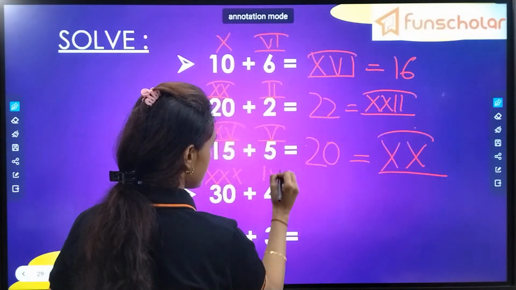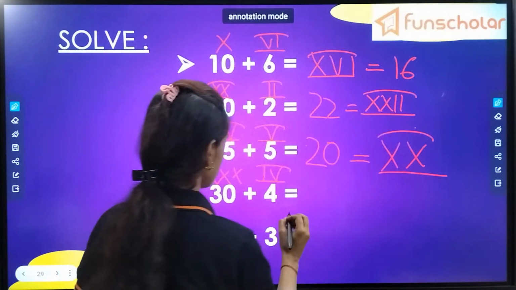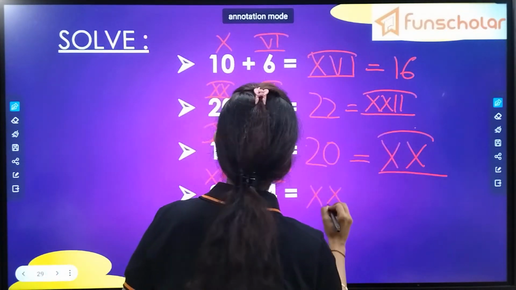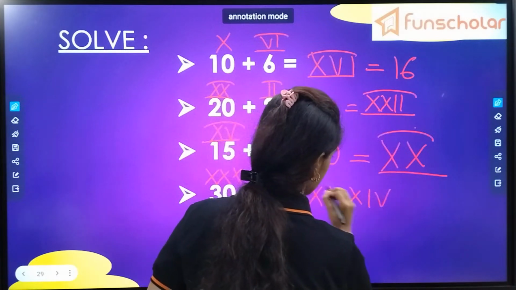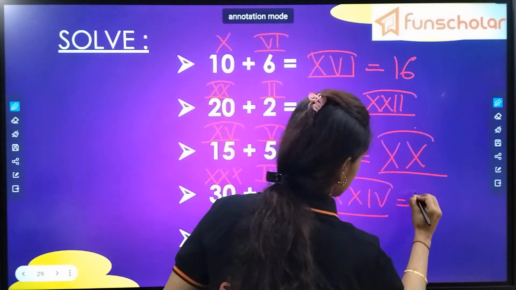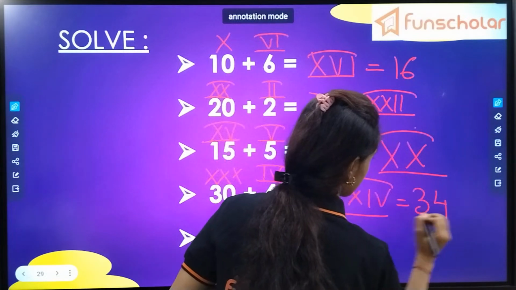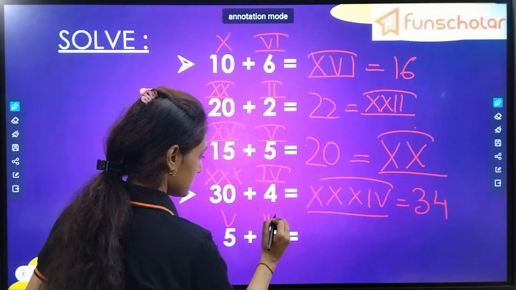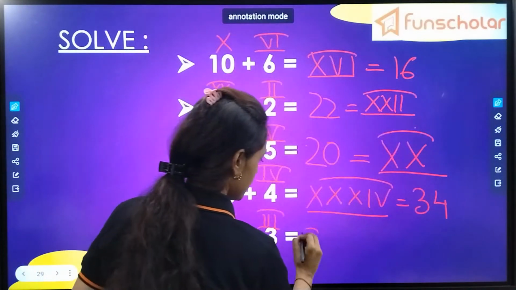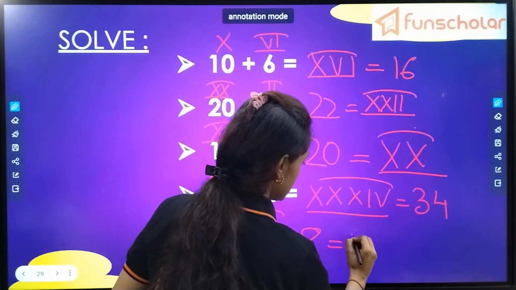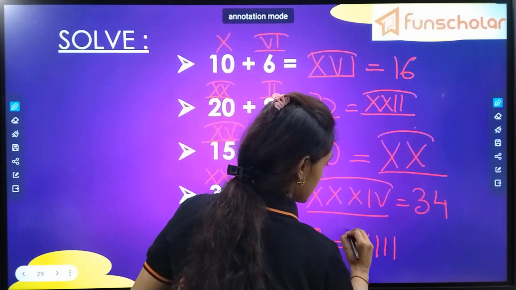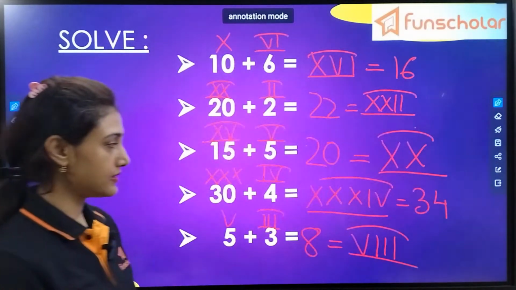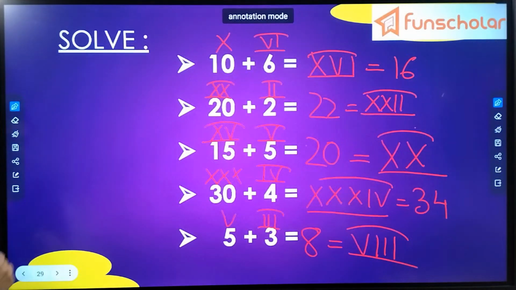And 4 is written as this. So it will become 34. 5 and 3, that is 8, written as this, right? Okay.